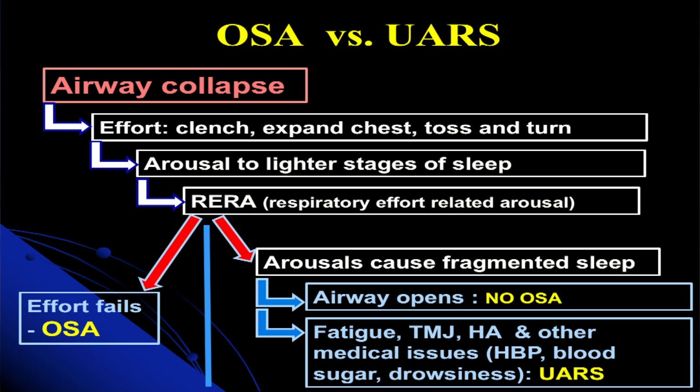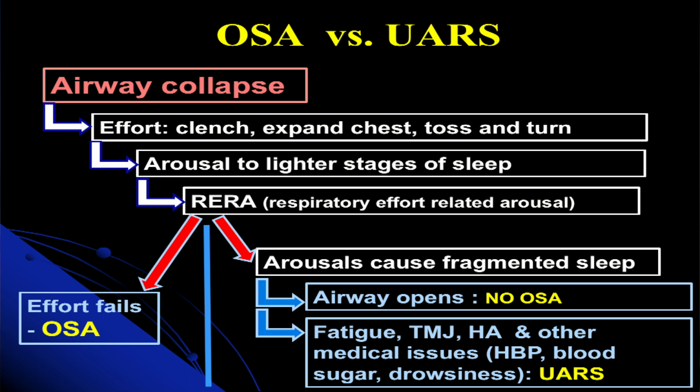I'm going to protect this airway. And that effort cannot be done in deep sleep, so the patient has an arousal to the higher levels of sleep. That's through the activation of the sympathetic nervous system, if you remember. Those arousals are called respiratory effort related arousals. The arousal is caused because the patient is putting forth effort to protect the airway.